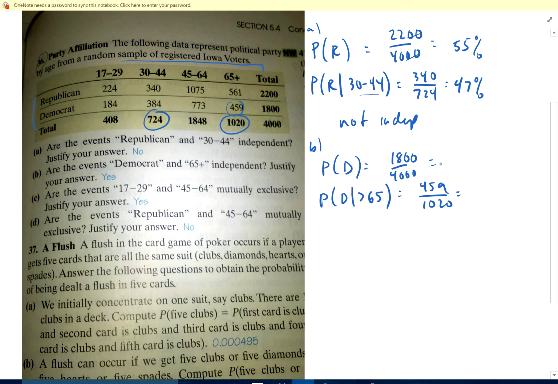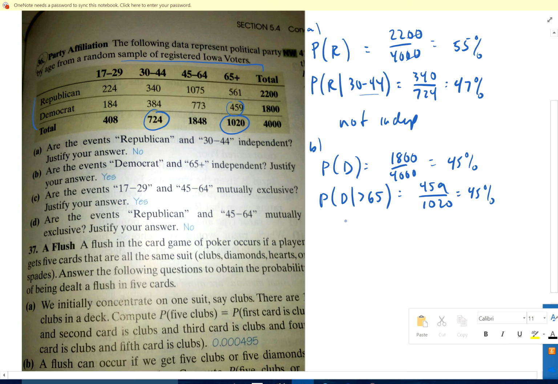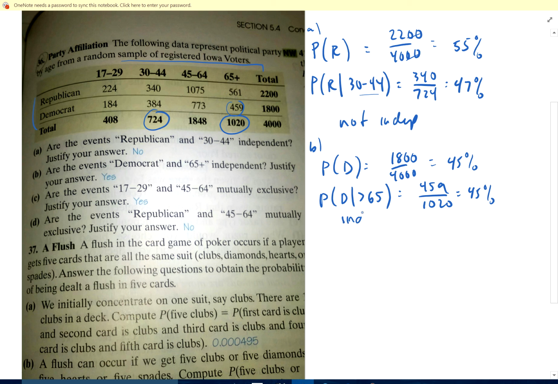So 1,800 divided by 4,000 is 45%, and 459 divided by 1,020 is 45%. So it looks like being over 65 does not affect whether you're a Democrat or not. So we can say they're independent.